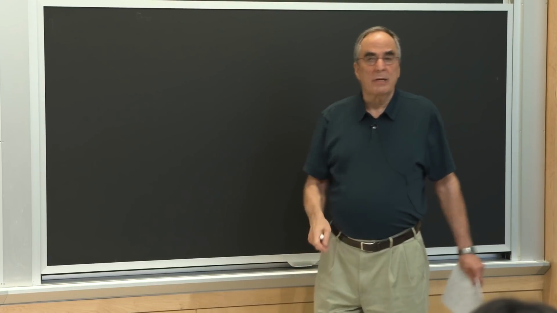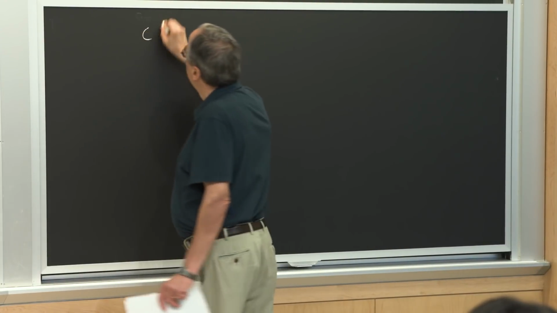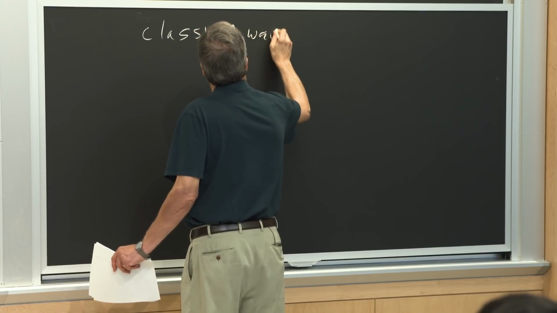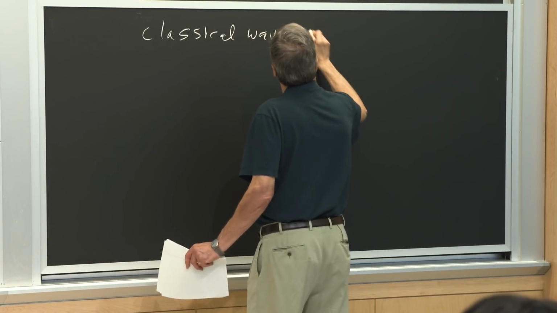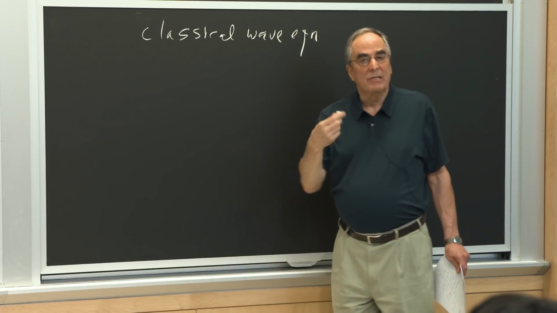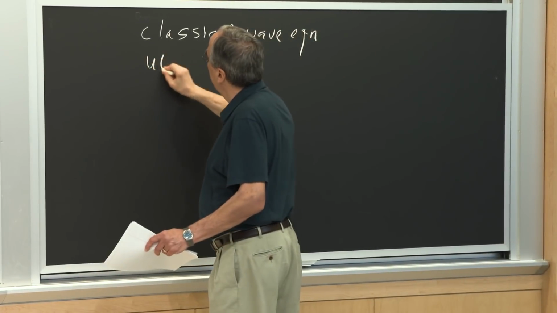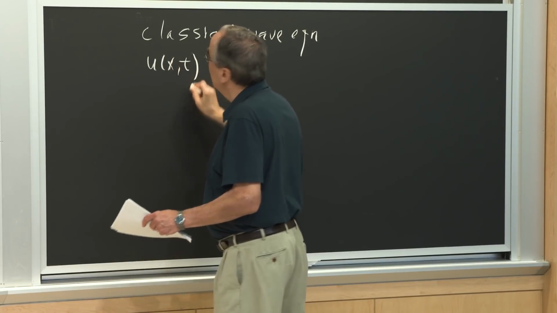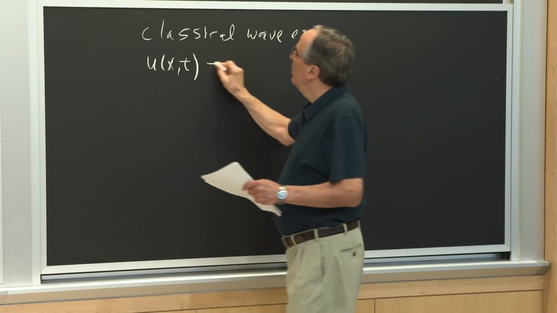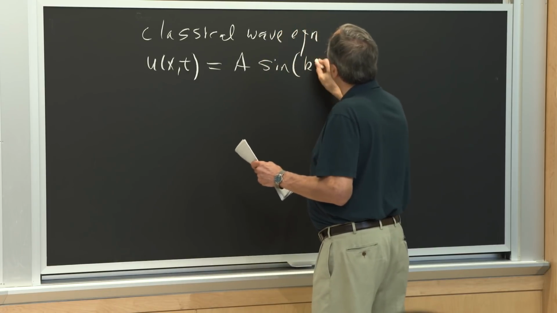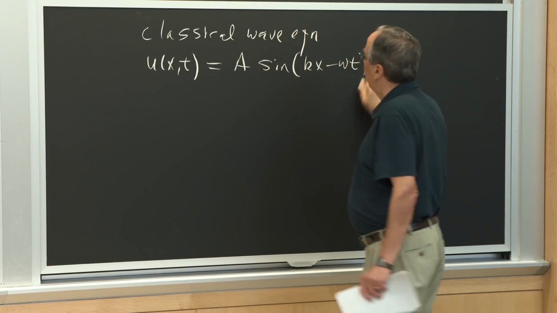Well, why don't we look at the classical wave equation? Actually, we'll look at the classical wave equation next time, but I will say that the solution to the wave equation is some function of x and t, which has the form a sine(kx minus omega t).